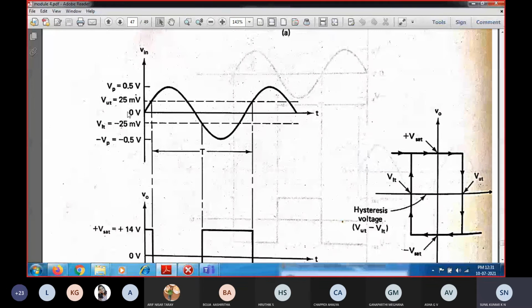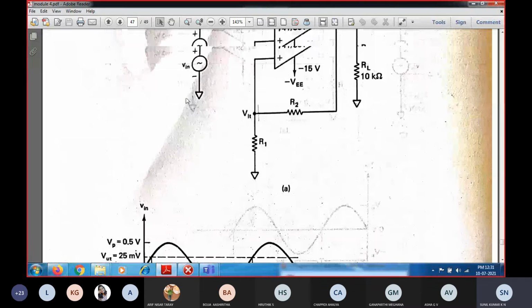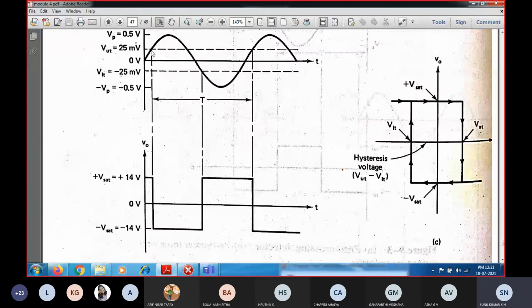So this is the upper trigger point. Whenever the input signal exceeds the upper trigger point, the output switches from positive to negative. So this is an inverting Schmitt trigger, as I am mentioning. This is the upper trigger point and this is the lower trigger point.